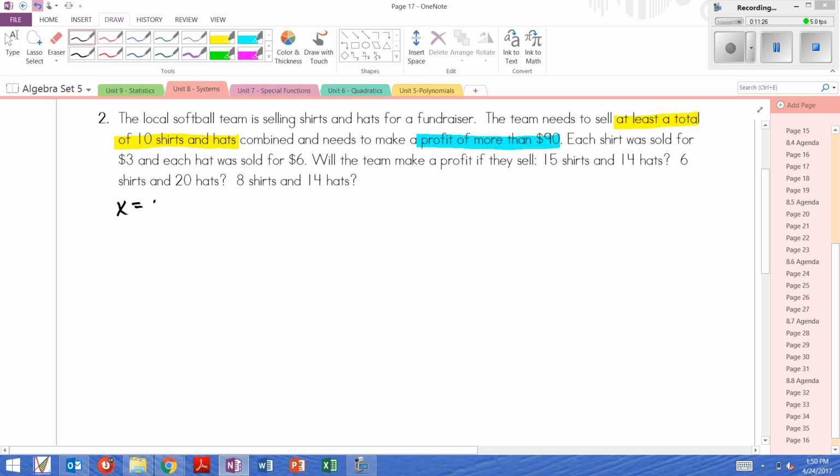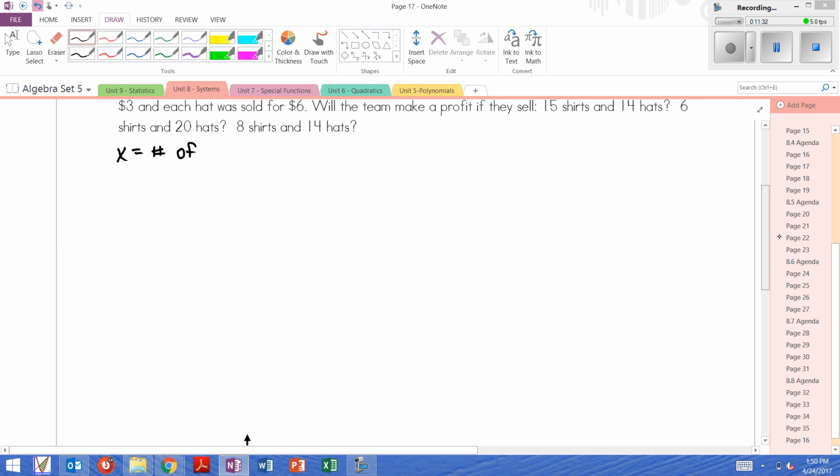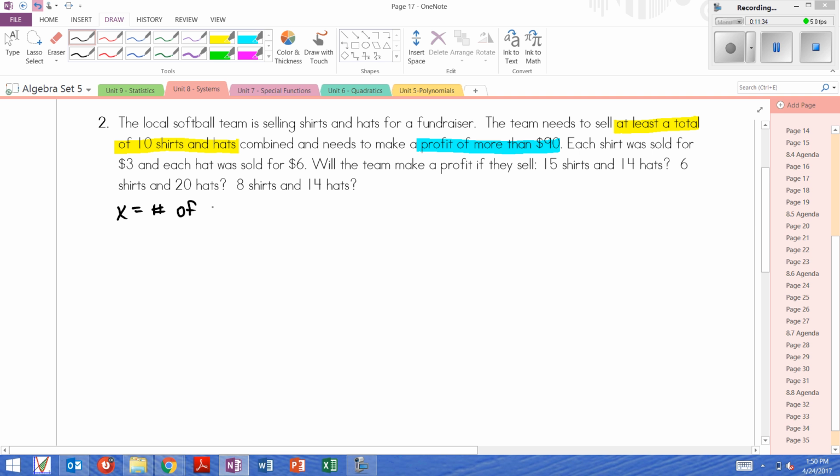X is the number of shirts. And Y is equal to the number of hats. We also know that it's not going to be the value because they told us that in the question.